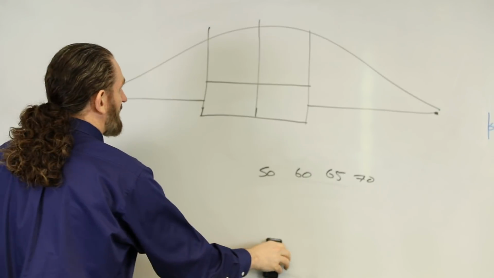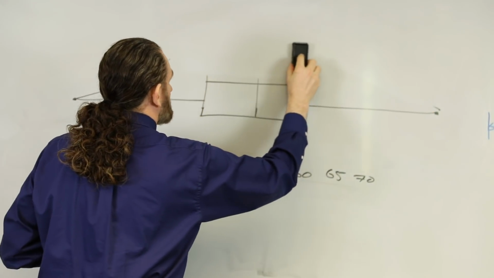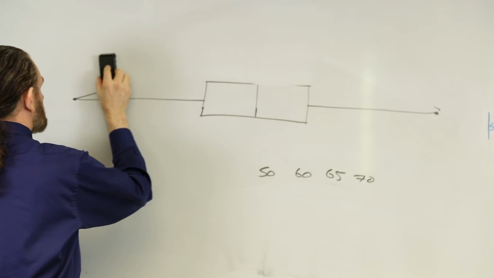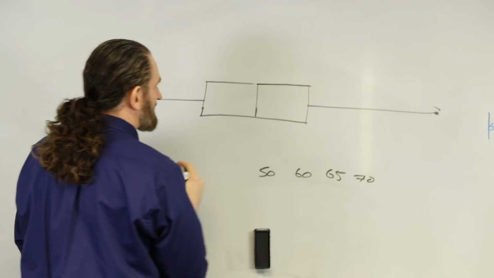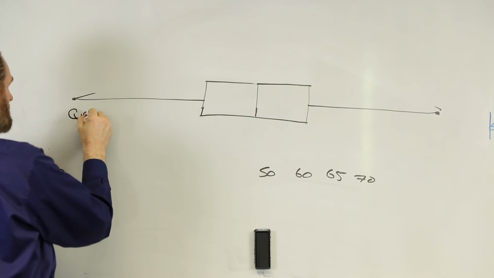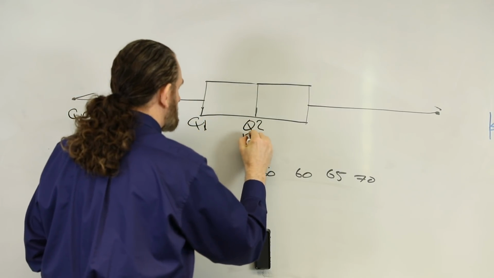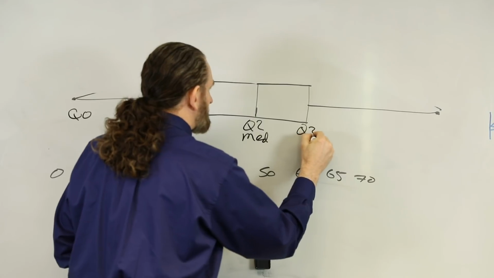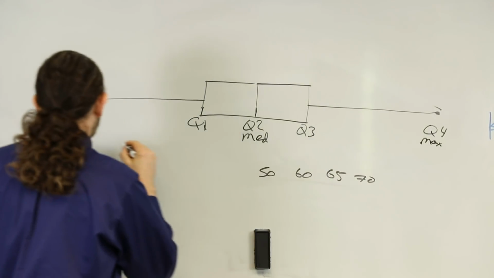And at that point, all I have to do is erase my curve, and now I have my typical box plot. And so with my Q0 at the end, my Q1, my Q2, the median, Q3, and then Q4, the max.